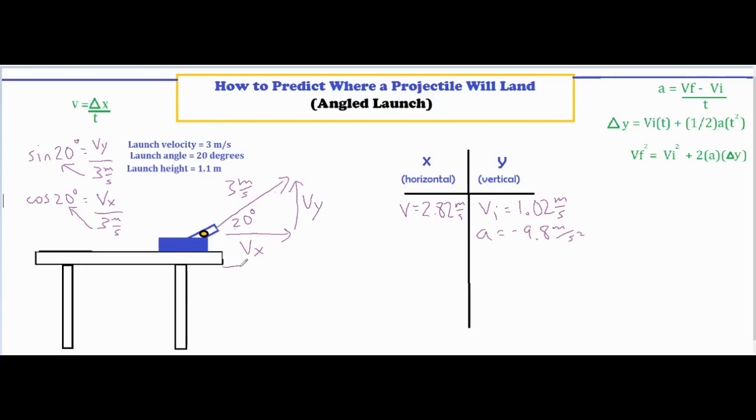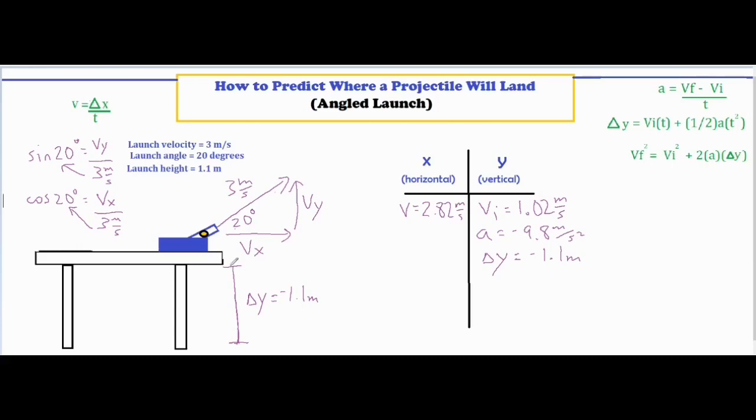But we do have an additional piece of information, this delta y over here, which we will call negative 1.1 meters, and I'm going to drop that into my y column. I'm going to make sure I label that as negative 1.1 because it's displaced downwards in the negative direction from where it was launched.